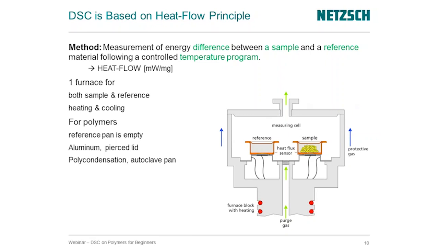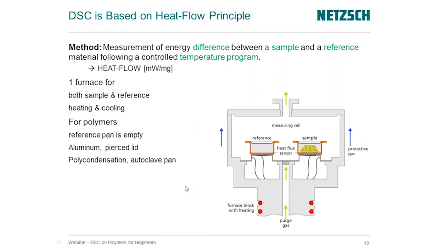Generally it's going to be an aluminum crucible, but it can be other materials as well, depending on the reactivity, for example, of the material. So on one side you have your sample that's essentially encapsulated, and on the other side we have a reference. The reference is simply the same crucible type as what we see with the sample. And then we're measuring the temperature difference here in the heat flux sensor and the heat flow behavior between the sample and the reference. Heat flow into or out of the sample.